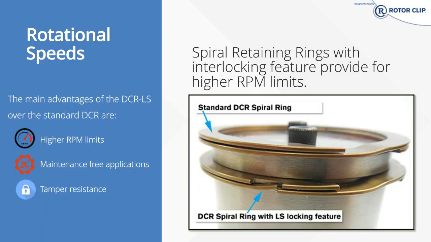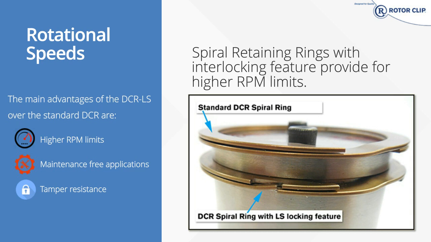Rotoclip can also offer a couple of special solutions for high rotational speeds. Here you see two rings. The top ring is a standard DCR style retaining ring. This is a two-turn spiral ring. They're constant in section all the way around, so they don't always have the highest of RPM limits.